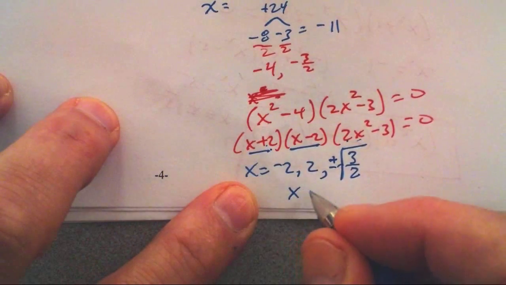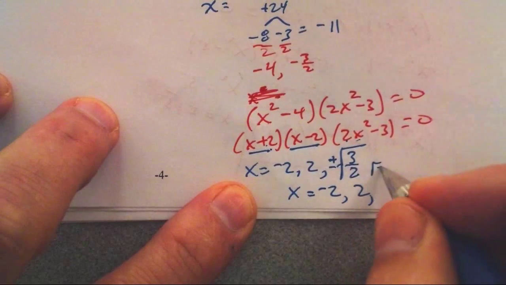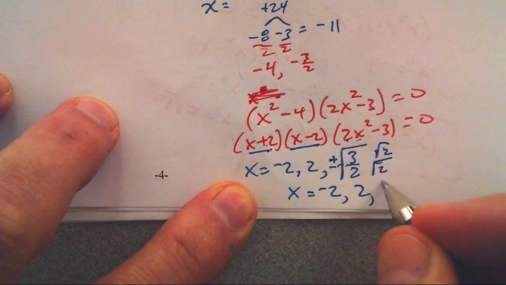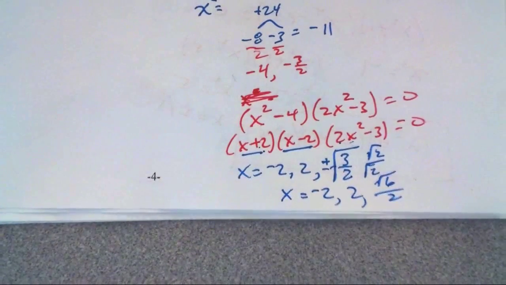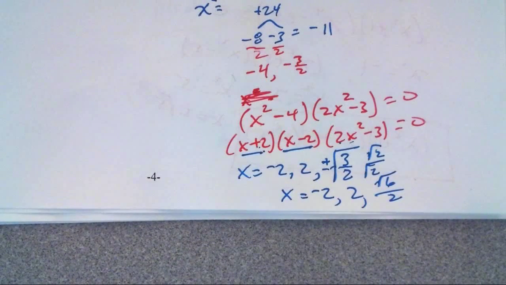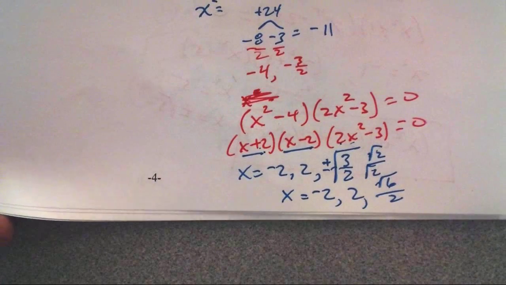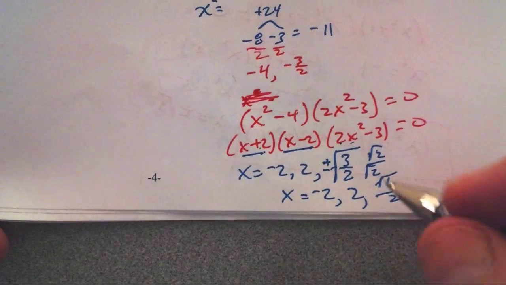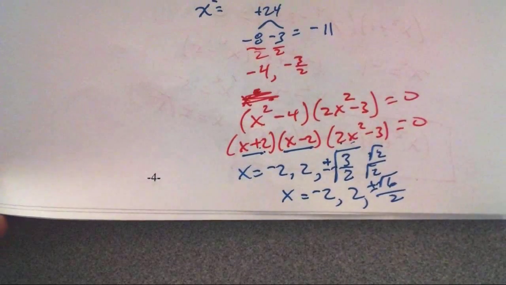So x equals negative 2 I like, 2 I like, but this one I'm going to multiply by root 2 on root 2, and I get root 6 all on 2. You guys have done that before. You did that last year, some in geometry. Okay, so again, no I's, but we're going to get to them. Plus or minus root 6 on 2.